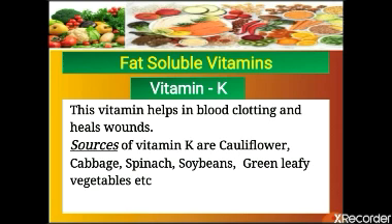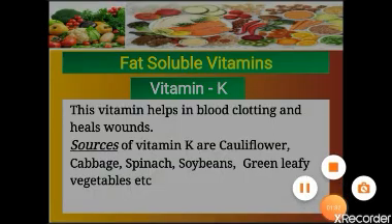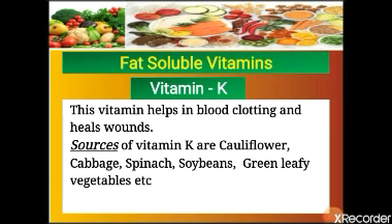The sources of vitamin K are cauliflower, cabbage, spinach, soya beans, and green leafy vegetables, etc. These vitamins are fat soluble vitamins. They are stored in the liver and fatty tissues.